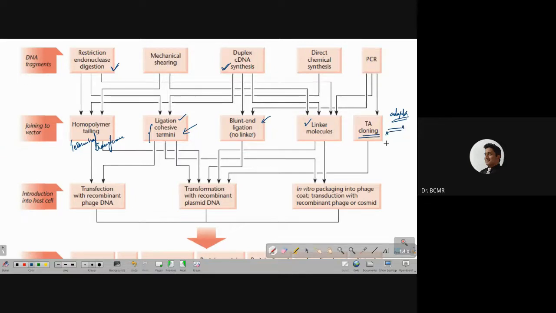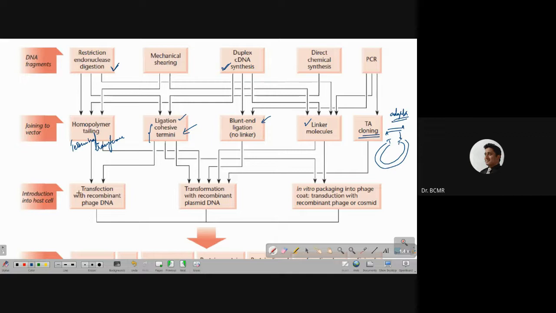So if we generate a vector which has a single T, then these two can be ligated and recombinant DNA can be made. So this is a kind of summary of the tools, or the strategies, that are available to us.